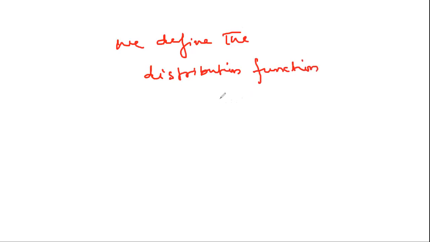That distribution function is written as Fi. Fi by definition is Ni by Gi. So I have Gi states, and those Gi states are containing Ni particles. So Fi is the ratio. What is then Fi? Fi is simply the average number of particles per state in the group, right?